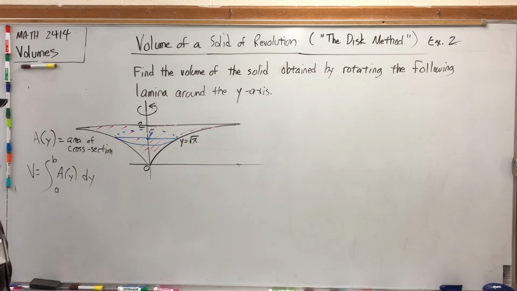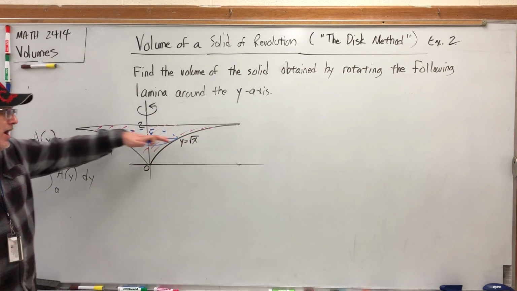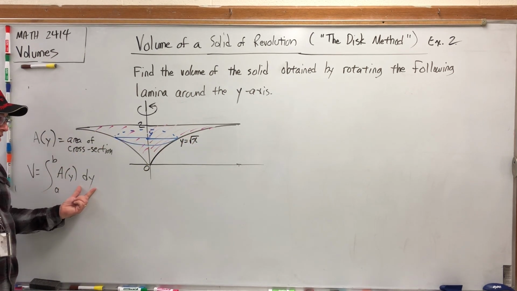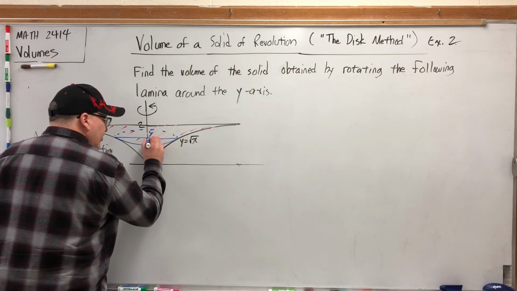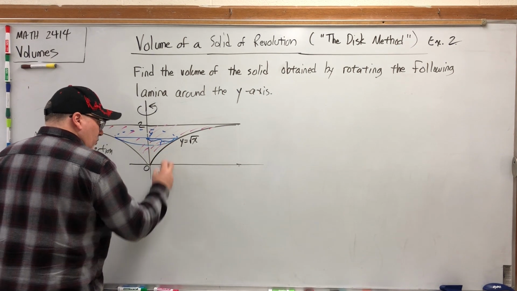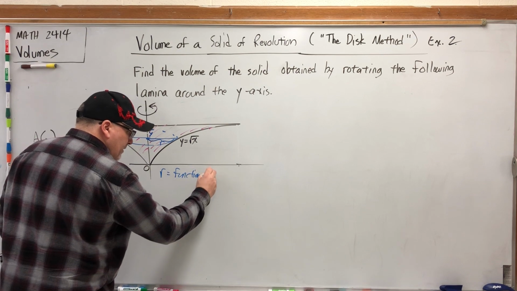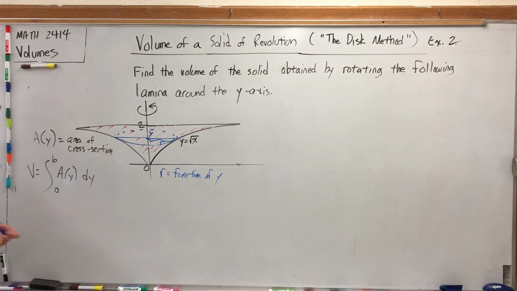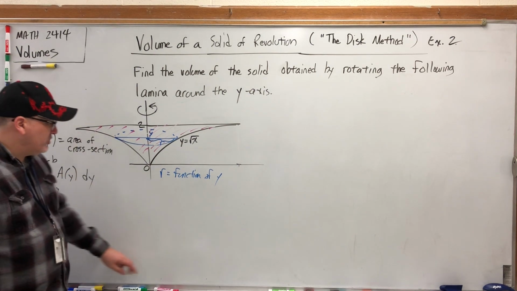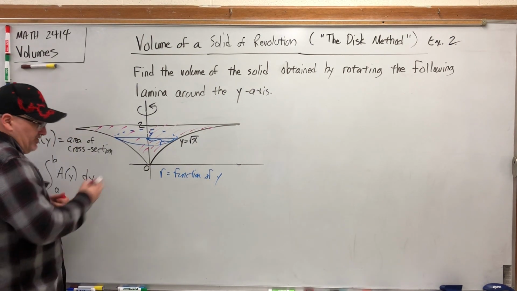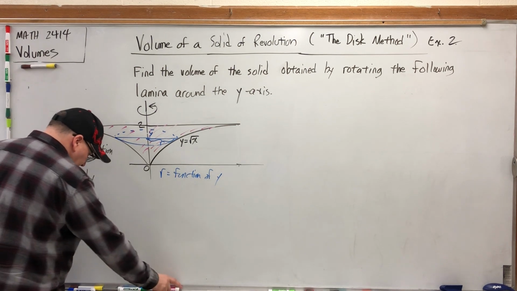Now let's think about this. Since we're cutting on the y-axis, we're going to do a dy integral. So we need to know what this radius is. We need to know the radius as a function of y. Well, what do we know about this radius, besides the fact that it's sitting right there?